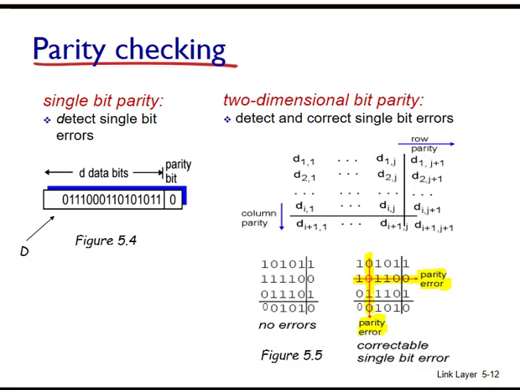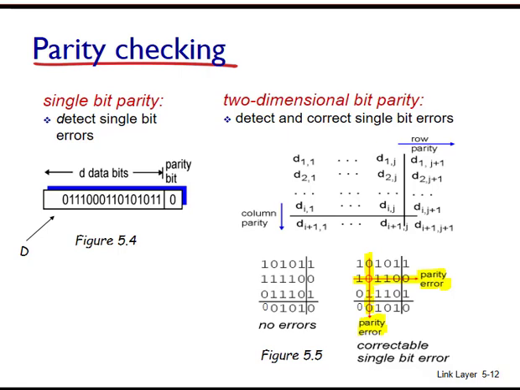Now suppose that a single bit error occurs in the original bits of information. With this two-dimensional parity scheme, the parity of both the column and the row containing the flipped bit will be in error. Now the receiver can not only detect that a single bit error has occurred, but can use the evaluation of the column and row parity to identify which bit was corrupted and correct that error.